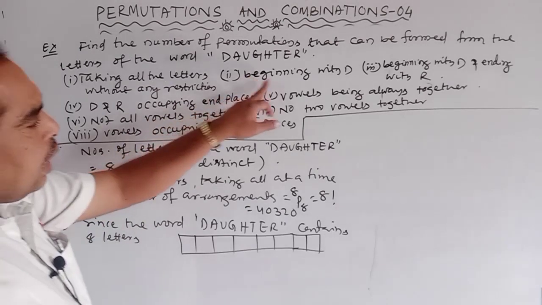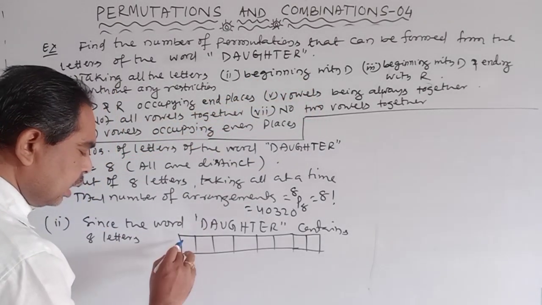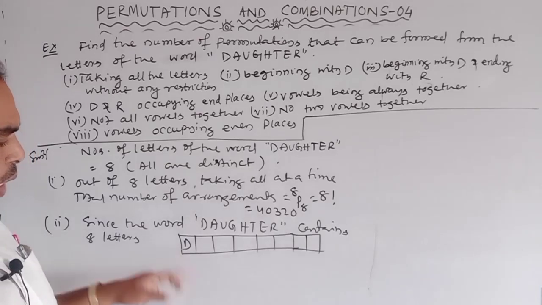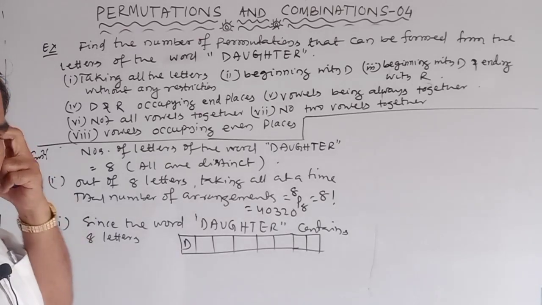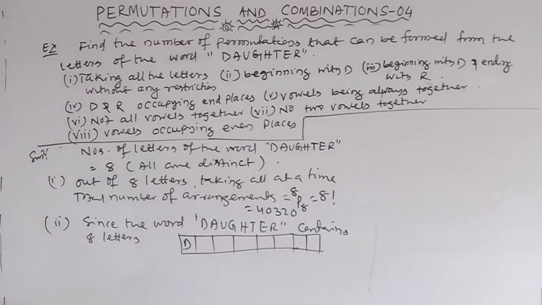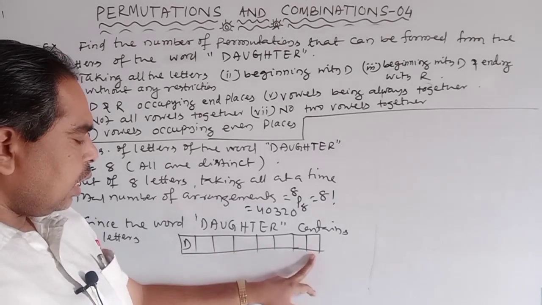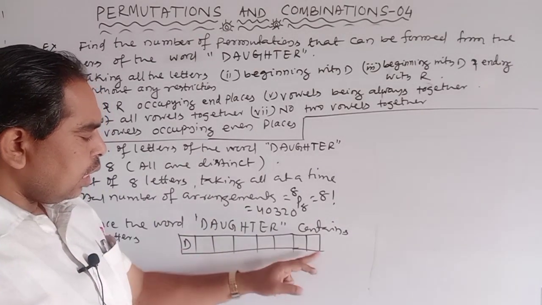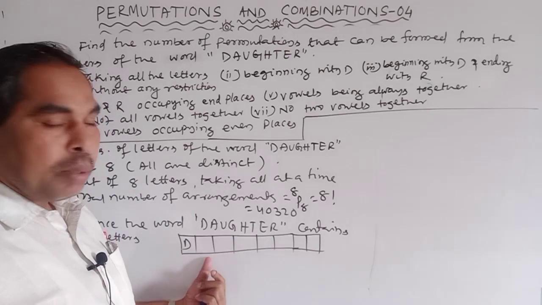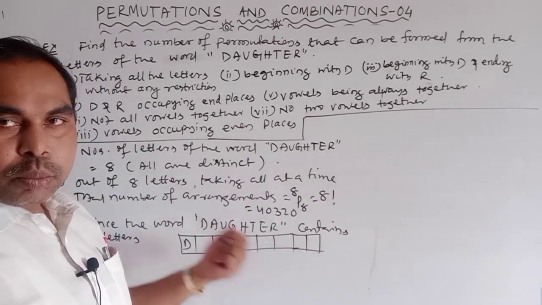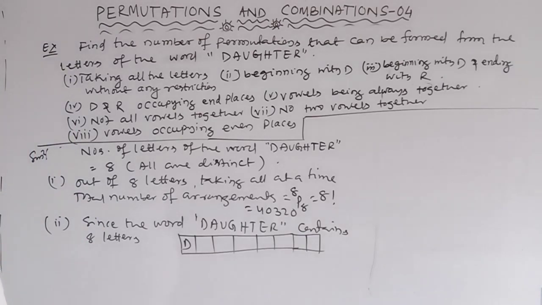So beginning with D, in the first box we can write D. D is fixed in the first box. So other 7 boxes are there and also 7 letters are there. So 7 boxes can be filled in 7 ways.